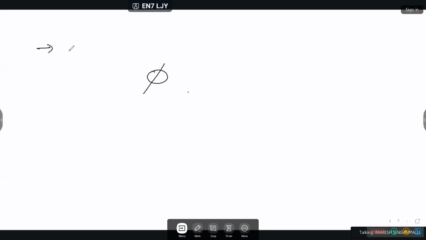One small diagram. One end of the rod is suspended like this.